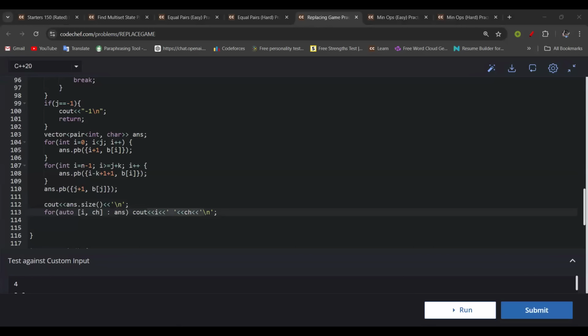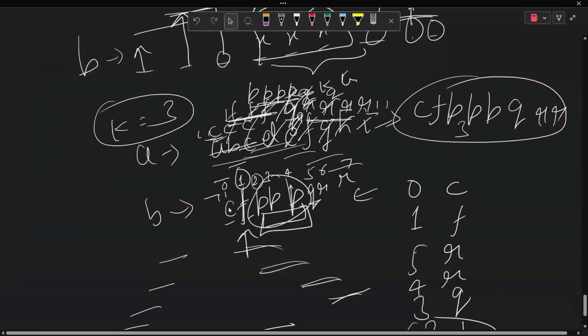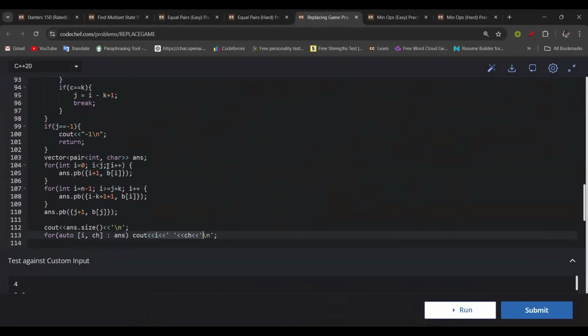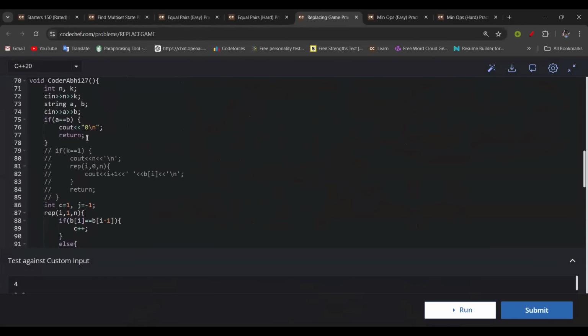So let's dry run the test case that I explained earlier, to see it more clearly.